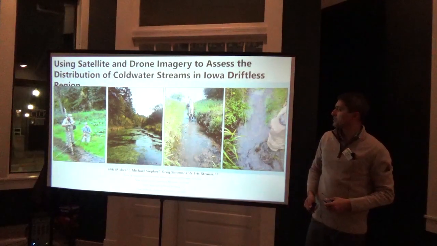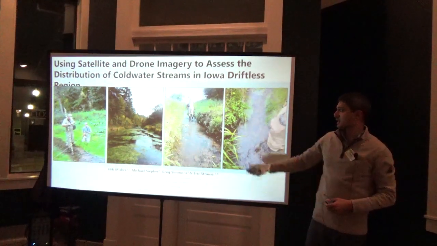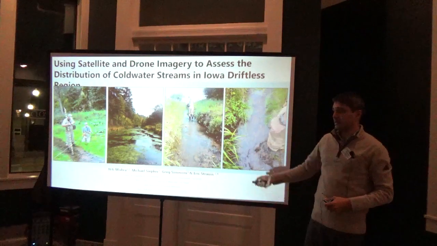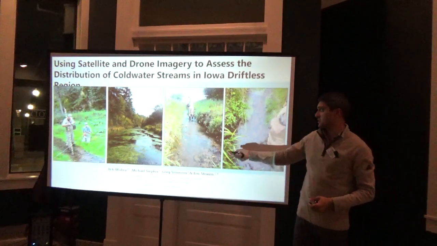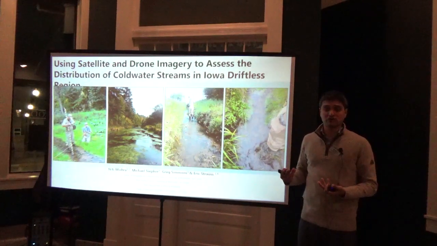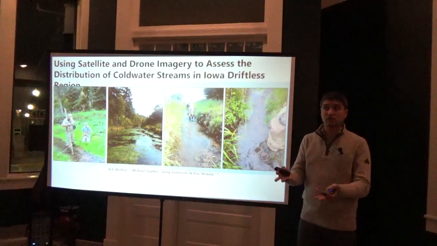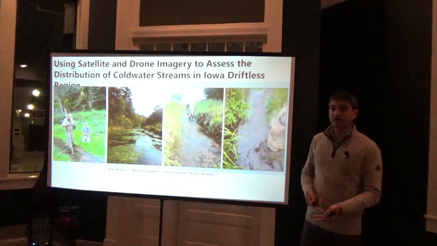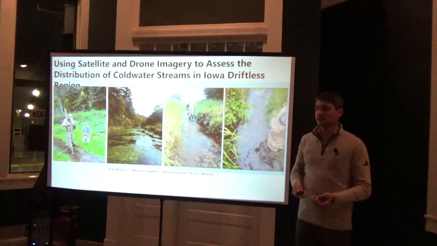And so Iowa DNR did data collection, and they found, yeah, there is trout. You guys all know more about this than I do. A lot of streams that are designated as non-cold water streams are actually cold water streams. So we wanted to figure out what's the level of uncertainty.